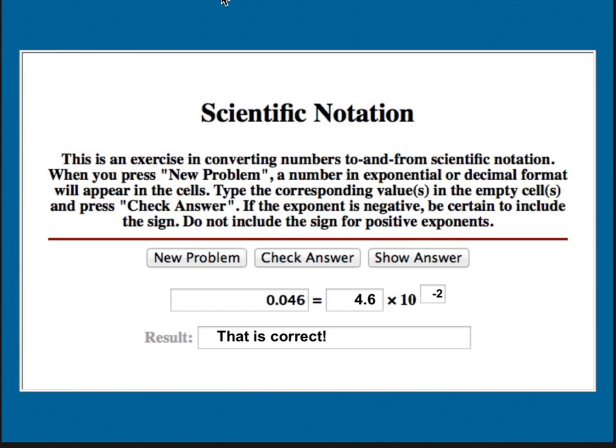It always tells you you're right or wrong, and when it's right, it makes you feel good, right? Right. Point. Do this one. Here we have a number in scientific notation. You want the decimal equivalent.